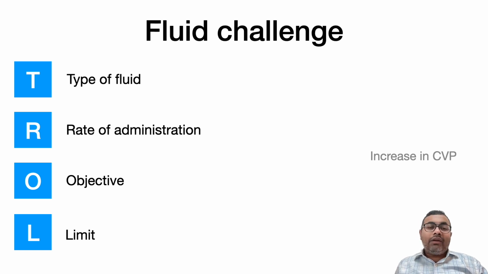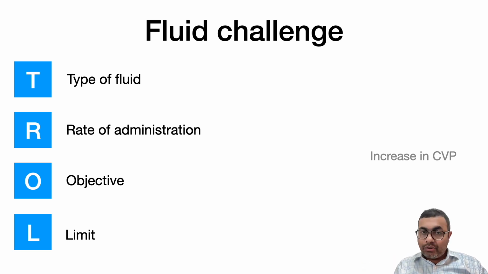While you are administering fluid, if you see an increase in central venous pressure, that means the patient is slowly going towards a state of fluid intolerance, and if we continue fluid administration inadvertently, the patient may end up with fluid overload.